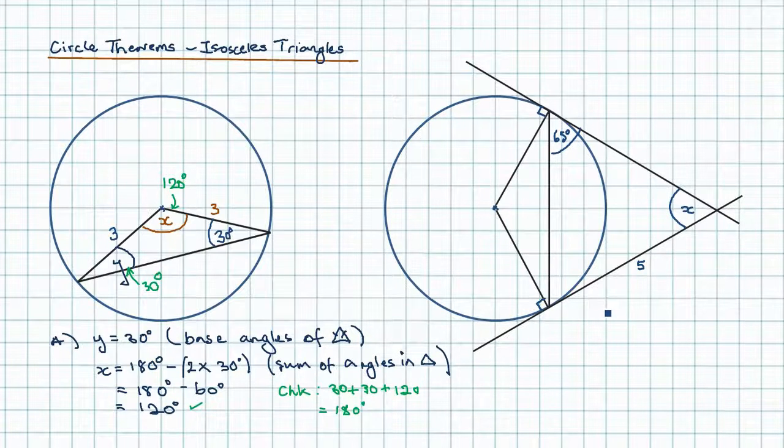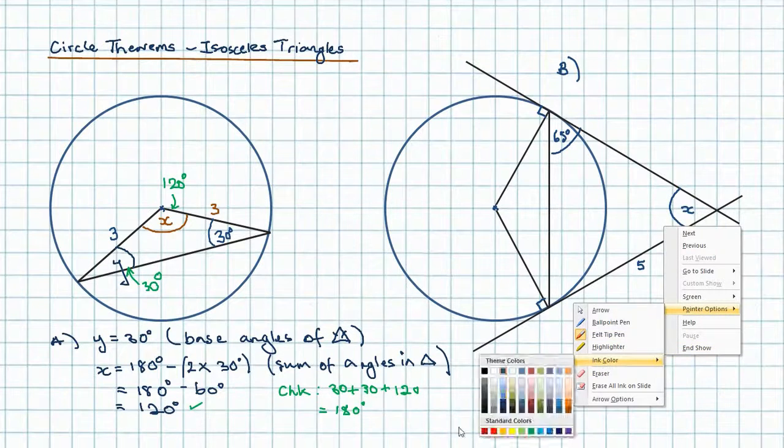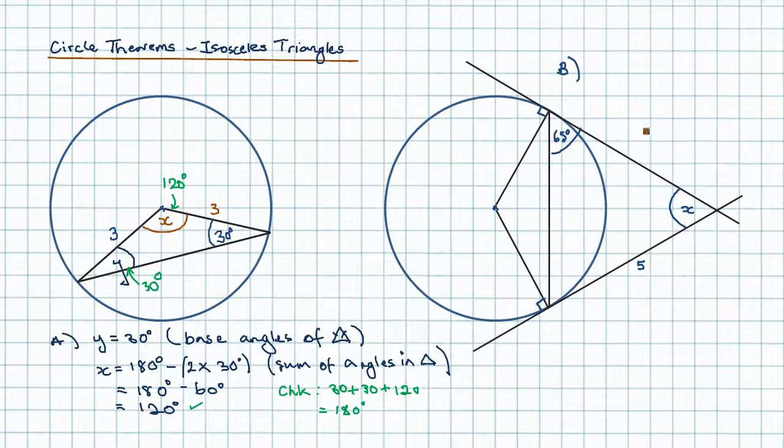So let's now work out the answer step by step. So problem B, let's write it out here. Problem B is going to start with the idea of the isosceles triangle. So we've spotted that it's an isosceles triangle, therefore we can fill in the missing side.